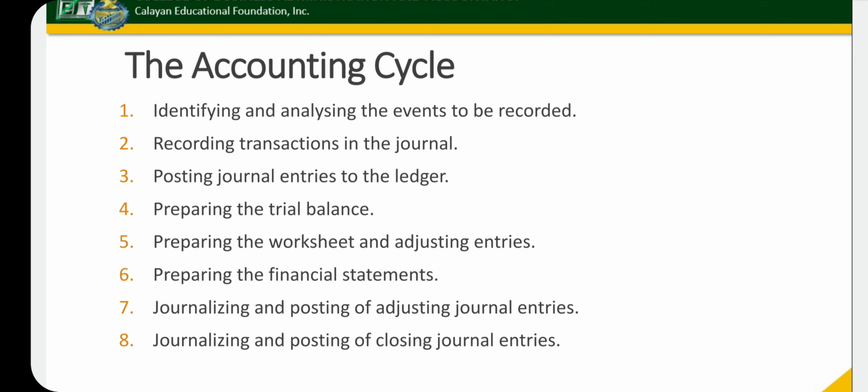So we need to prepare closing entries and close them to income summary and to capital accounts. Then right after we finished one whole accounting cycle, another accounting period will begin. Okay.